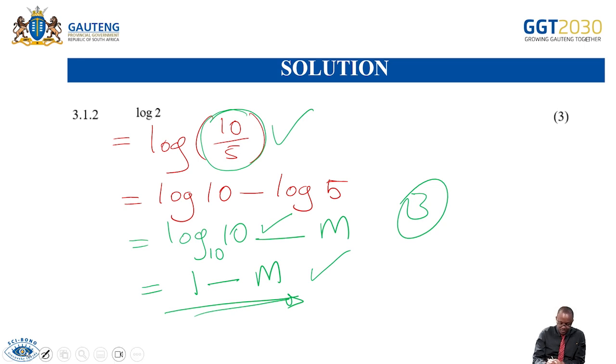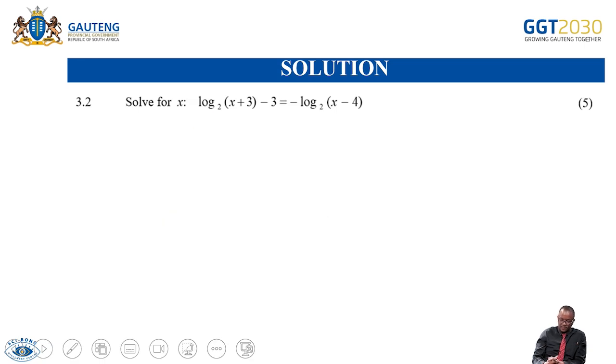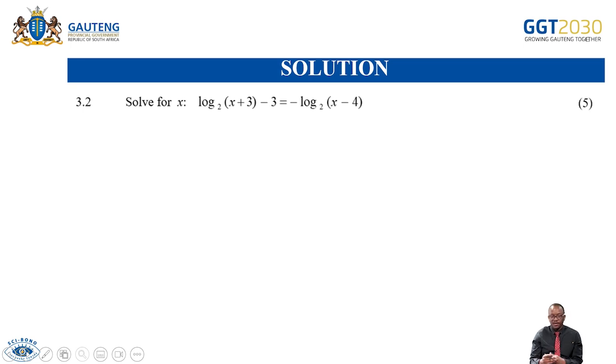So let's now look at 3.2. We have dealt with it, it is the same as the previous one. Here we will group the like terms. It means log has to be with log. What we'll do here, we'll just transpose this negative log base 2 of x minus 4, and then we also transpose this 3 to the other side.